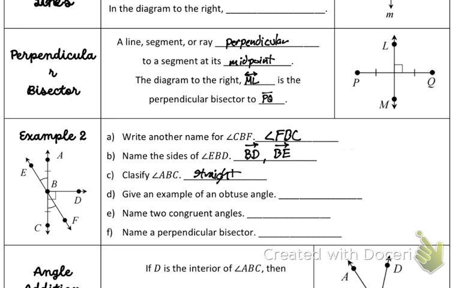EBD, let's go take a peek at that. We have EBD. I would definitely agree that's an obtuse angle. There were more up there. ABF. What was that? A, B, and F. ABF would also work.